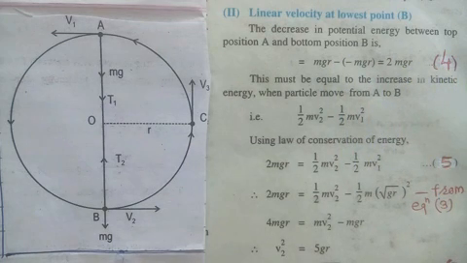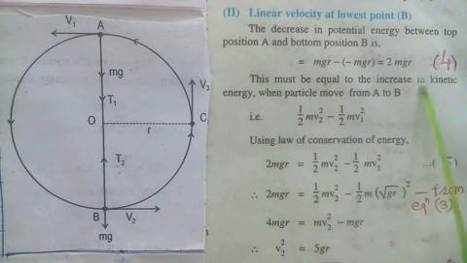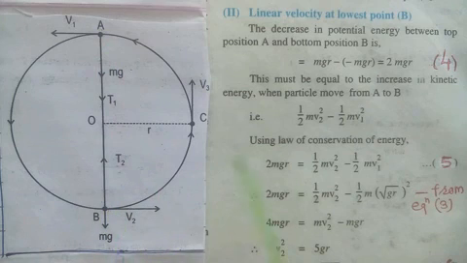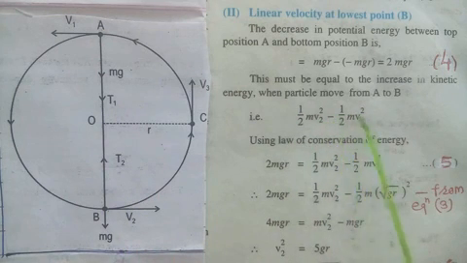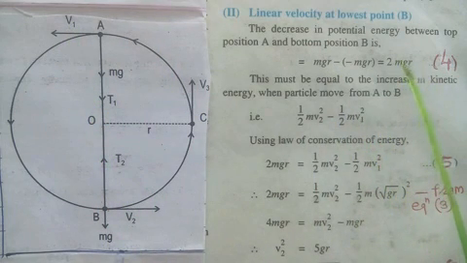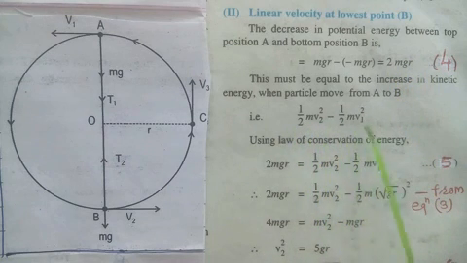Now by the law of conservation of energy, this potential energy gets converted into kinetic energy. What is the change in kinetic energy? Final kinetic energy minus initial kinetic energy. The final kinetic energy at position B is 1/2 mv2 square, where v2 is the speed at position B, and the initial kinetic energy at position A is 1/2 mv1 square. So the loss in potential energy is equal to the gain in kinetic energy.